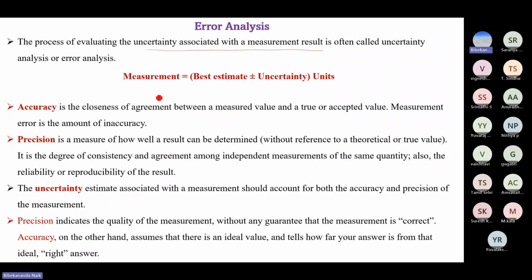When we are doing a measurement, the measurement will have some best estimated value, and then there will be some uncertainty. This uncertainty results in some error in the measurement.